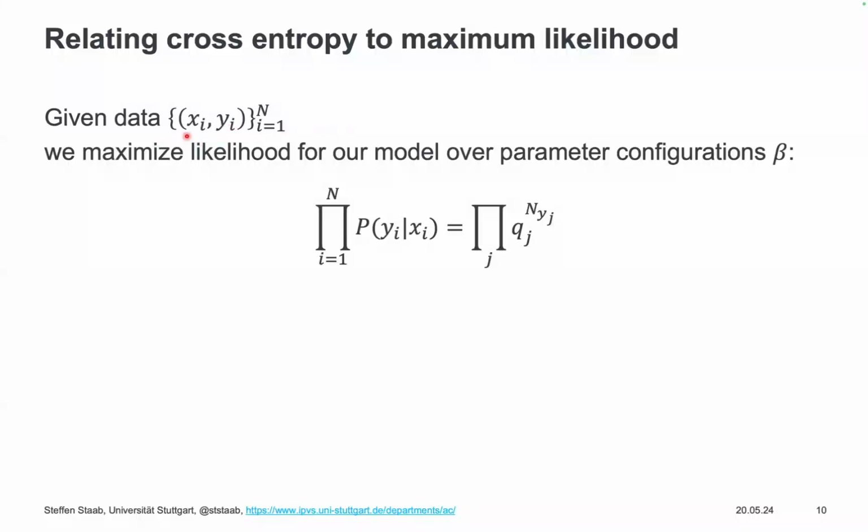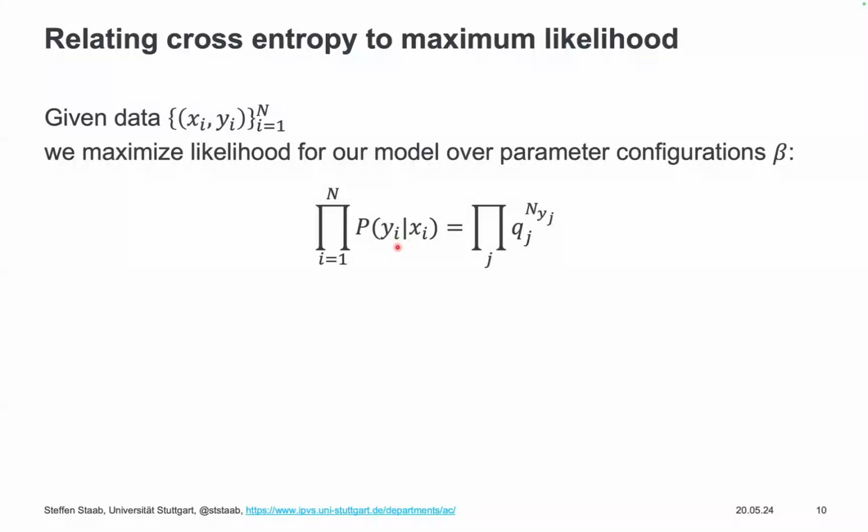And that, of course, means that we want to maximize the likelihood for our model over parameter configurations beta. Now, the parameter configurations, for example, in a multinomial means how probable is it that I see a particular value. So this is this conditional probability given a certain object. What is the class? We had this before, right?